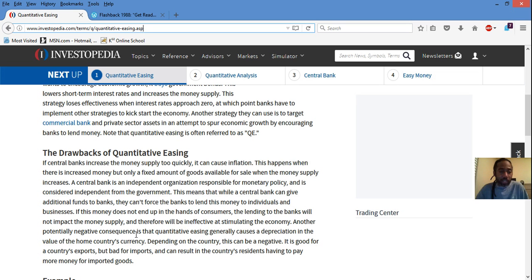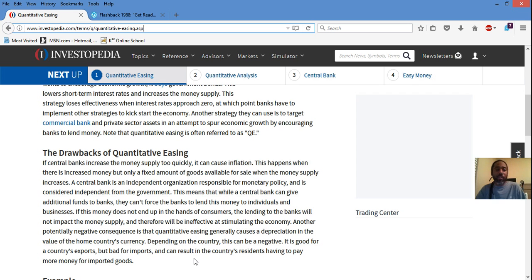Another potentially negative consequence is that quantitative easing generally causes a depreciation in the value of the home country's currency. Depending on the country, this can be a negative. It is good for a country's exports but bad for imports, and can result in the country's residents having to pay more money for imported goods.